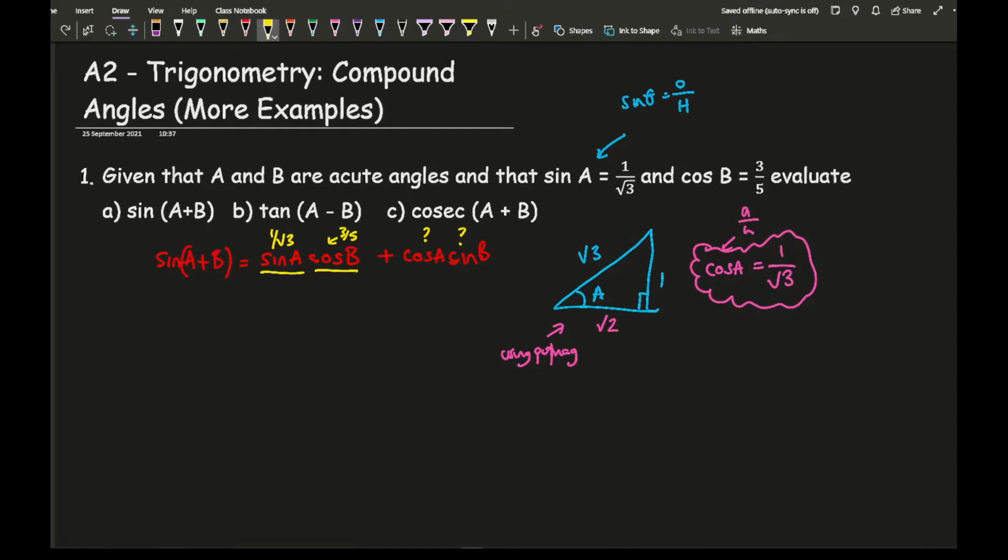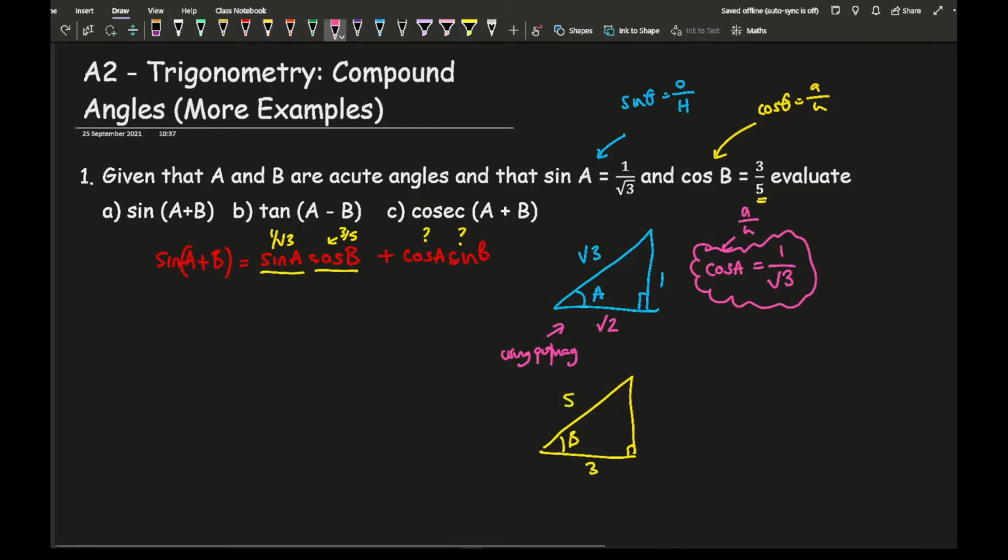Now what I could also do is take this bit of information and I have my angle of B, and using cos, well, cos theta equals adjacent over hypotenuse. So from this fraction, our adjacent must be 3 and our hypotenuse must be 5.